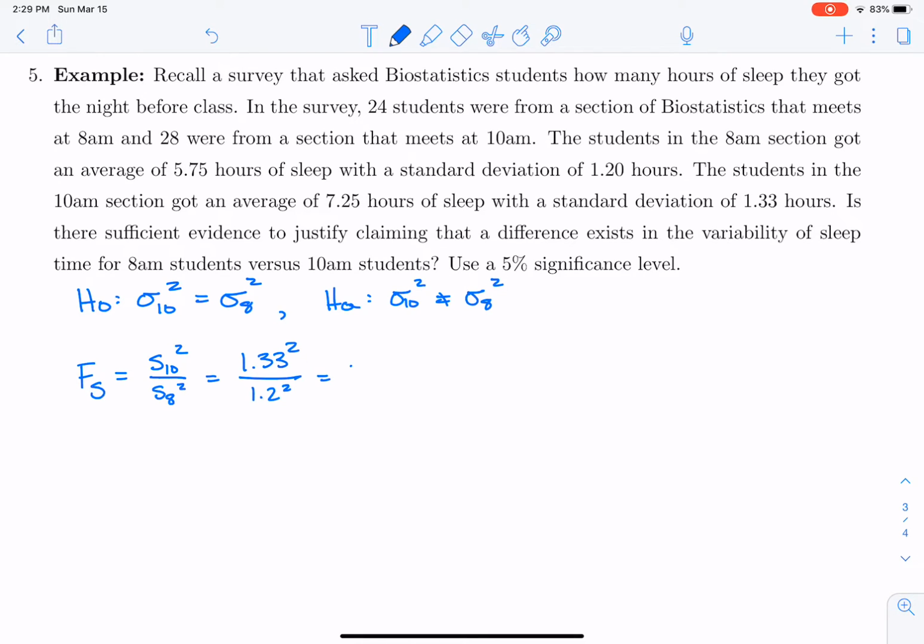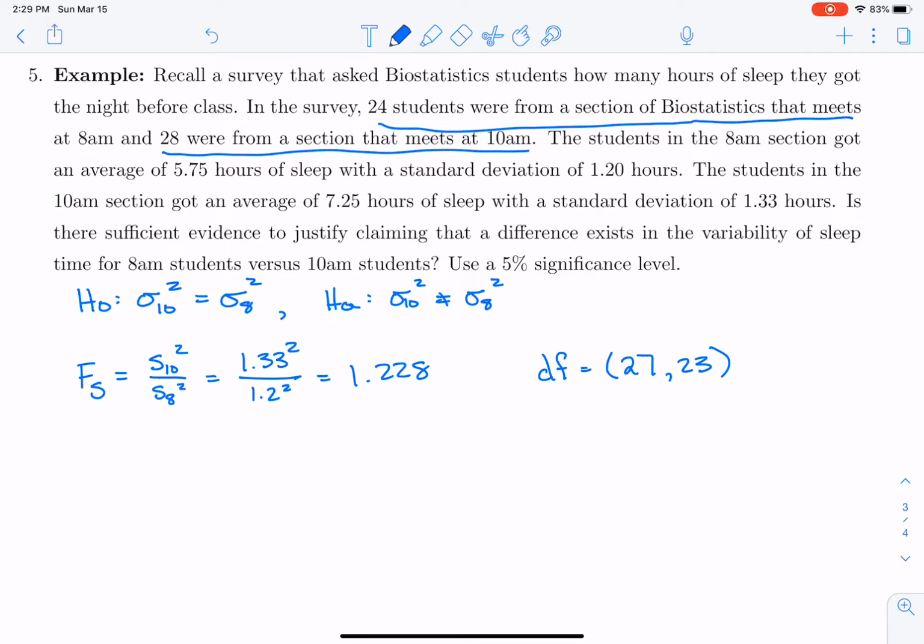That comes out to an F statistic of 1.228. Our degrees of freedom for the numerator is going to be 27 because there were 28 students at 10 a.m., and 23 for the denominator because there were 24 students at 8 a.m.